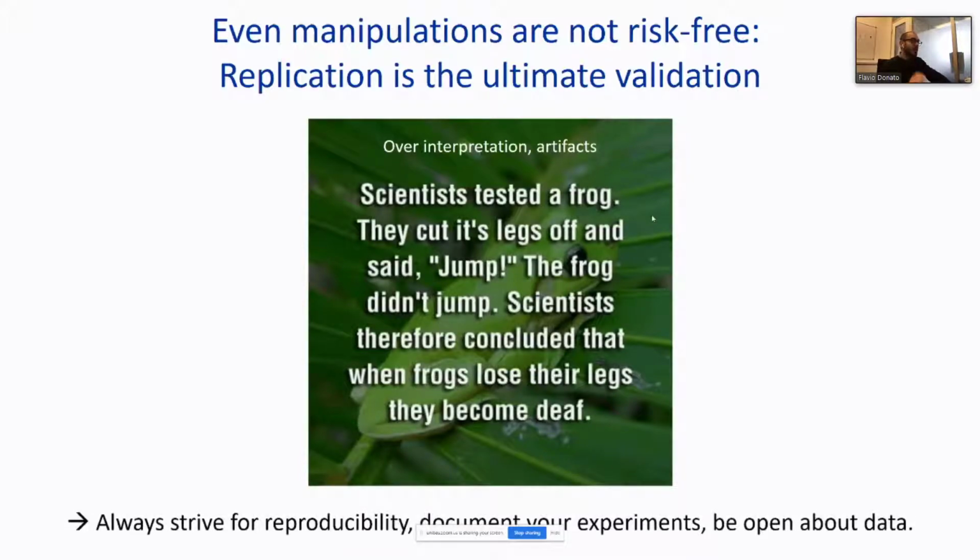So please always strive for reproducibility, and document your experiments well, especially in papers. Don't be secretive about what you do just because you don't want other people to do it, and be open about the data. Ultimately, having published a paper is good, it is the first step. It's not the end of the story for that specific question. That conclusion must be replicated by others to stick, otherwise it's going to be lost in the wrinkles of time.